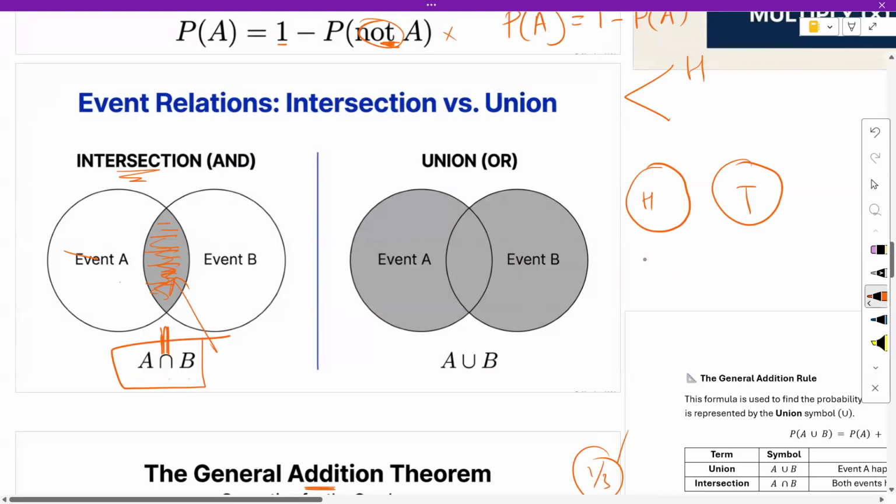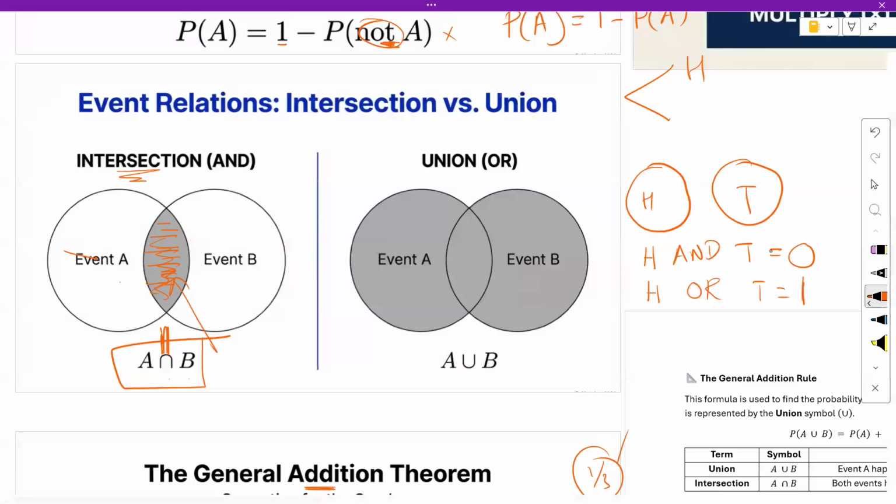Then when I ask you the probability of getting head and tail, it equals 0, because there's no overlap. When I ask you the probability of getting head or tail, the probability is 1.